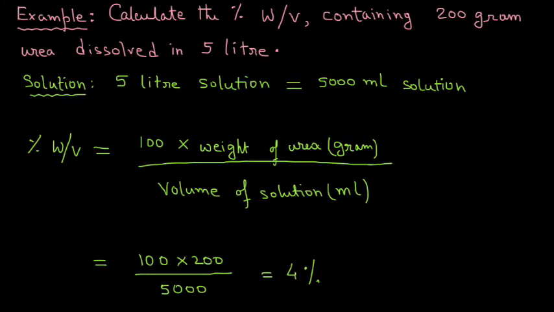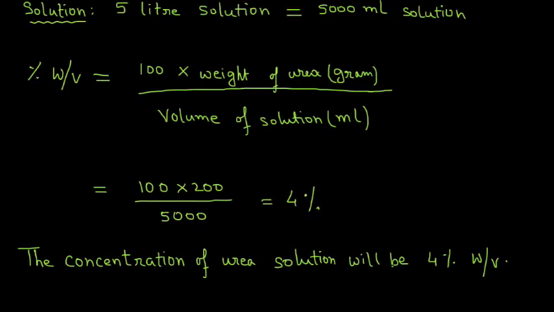Writing the formula, percentage W by V is equal to 100 multiplied by weight of urea in gram upon volume of solution in ml. Putting the values, we get 100 into 200 upon 5000 is equal to 4%. So the concentration of urea solution will be 4% mass by volume, that is W by V.